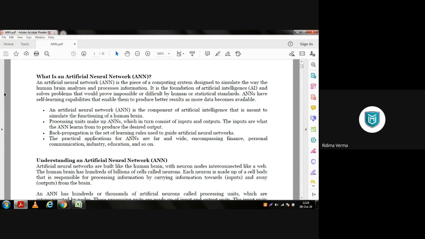So we have to train our algorithm based on the data that we have, so that whatever input we provide, that input will be for some specific thing, and according to it we will need the output.